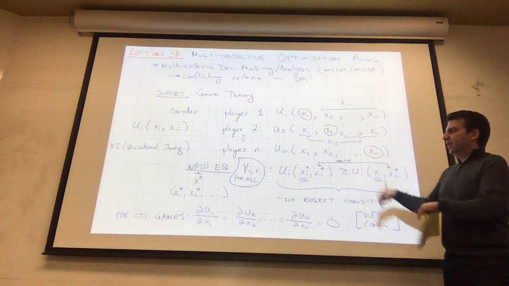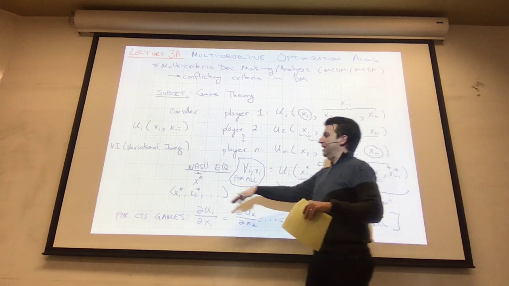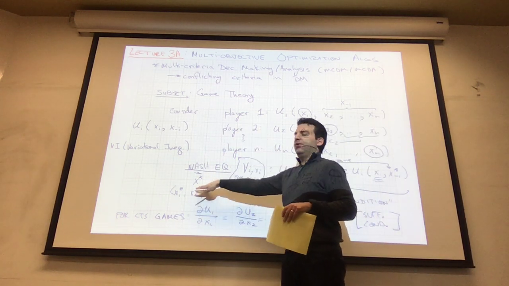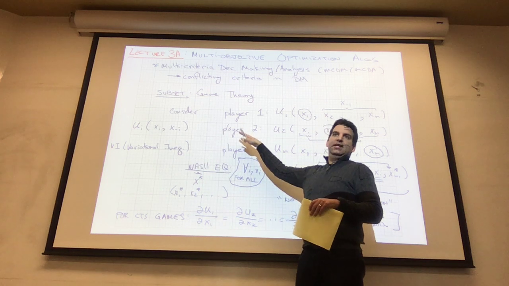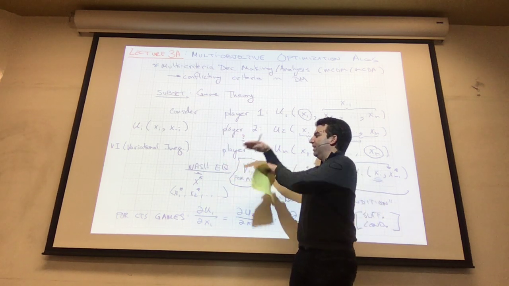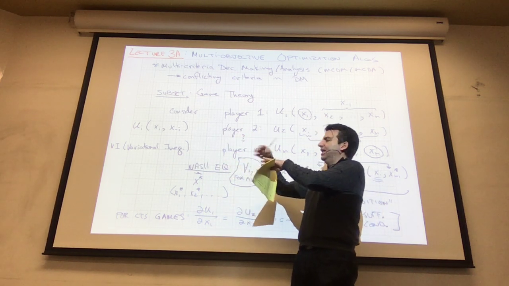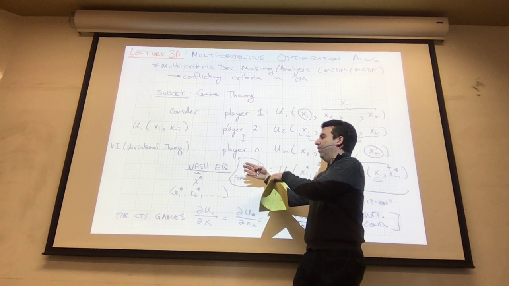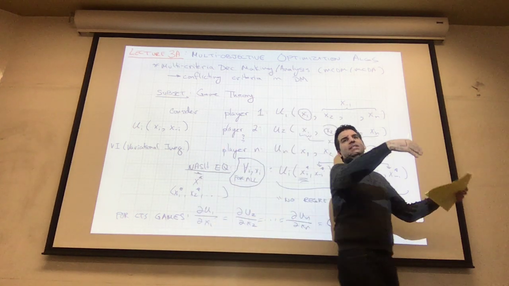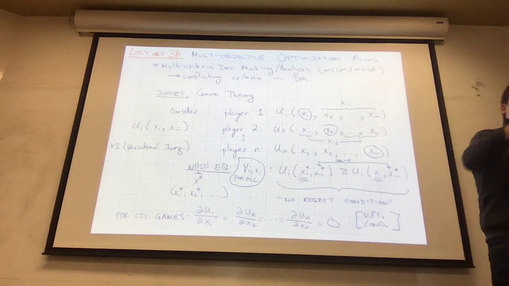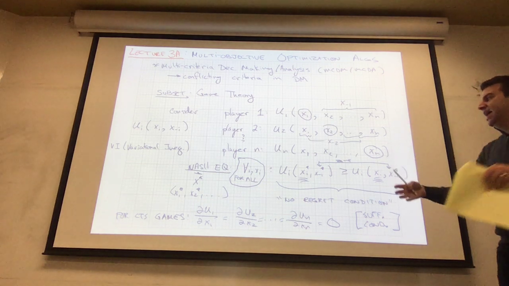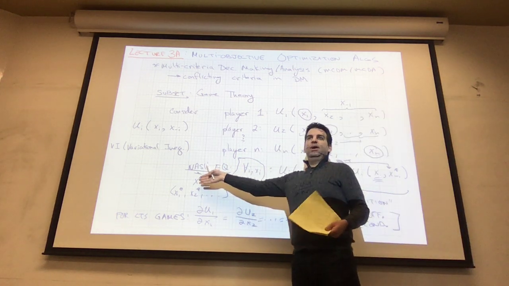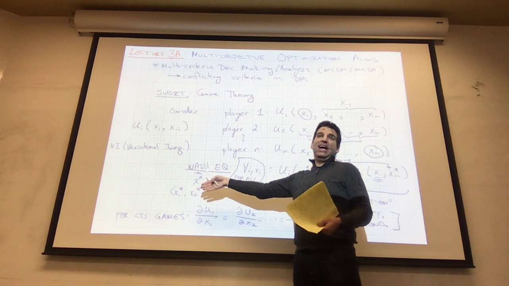So the price of anarchy is the difference between the utility function evaluated at the Nash and the global utility. And if you can show that there's very little price of anarchy, then you can say that, although I might want to design a fancy communication system to coordinate to get a global optimum, I can get the Nash equilibrium basically for free, and it's not that bad.